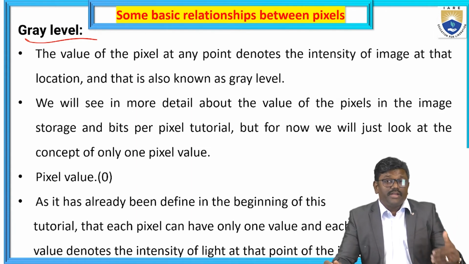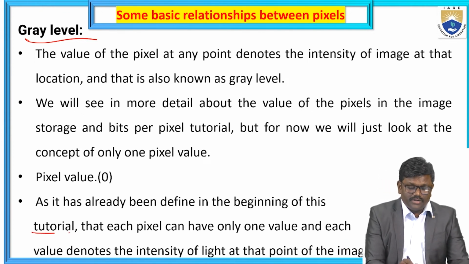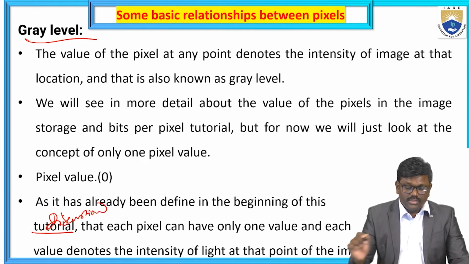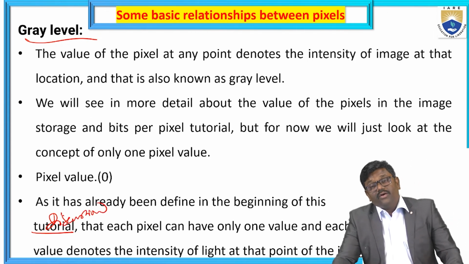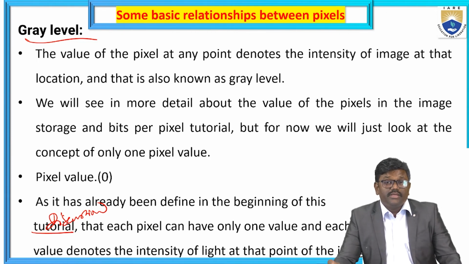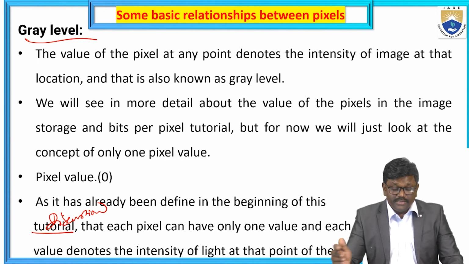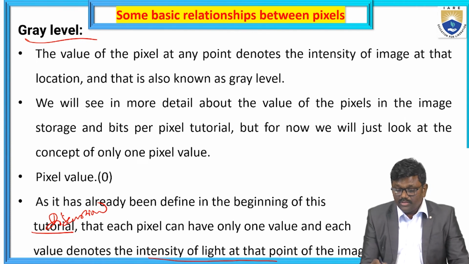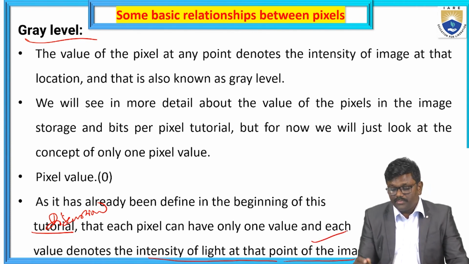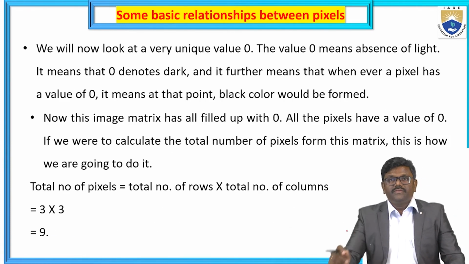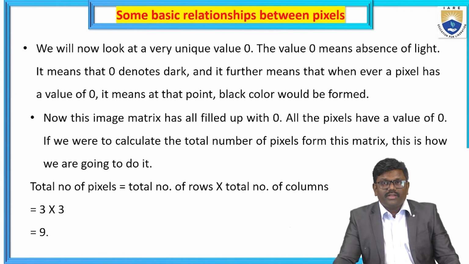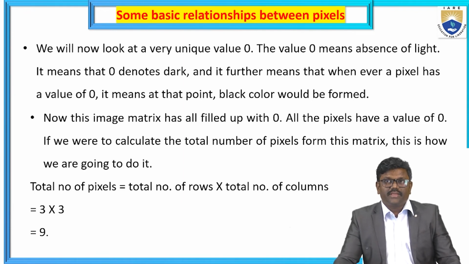As already defined in the beginning of this discussion, each pixel can have only one value and each value denotes the intensity of light at a particular point of an image. So with this, we are going to have a simple calculation.